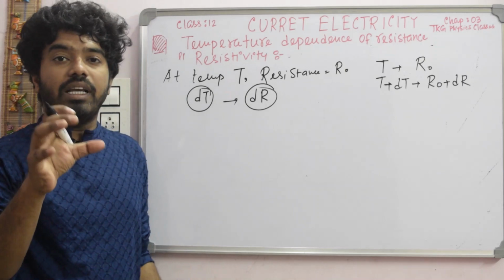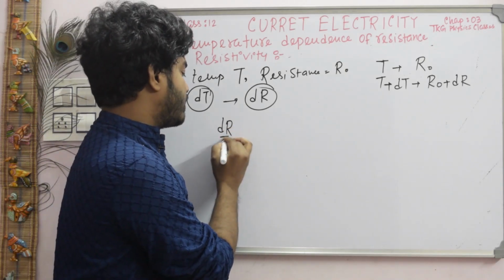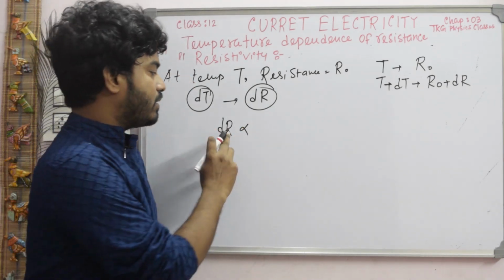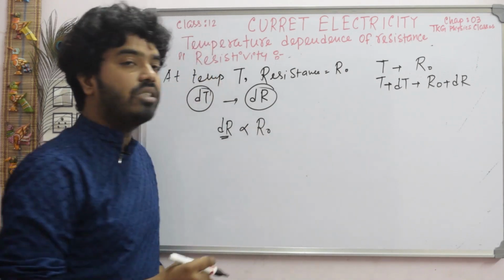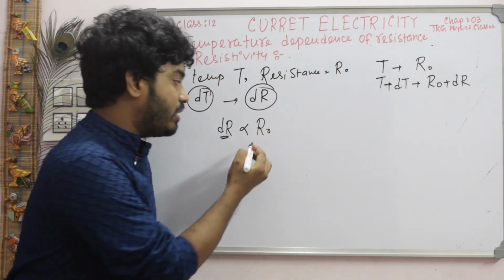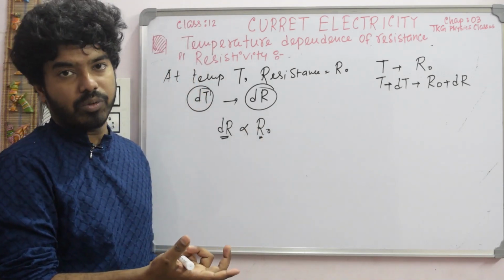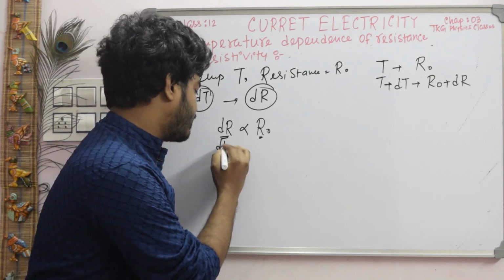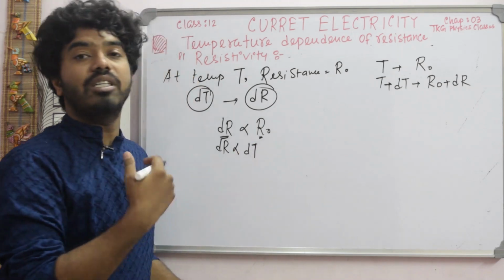Now this increase in resistance, del R, depends upon two factors. First, it is directly proportional to the initial resistance. When the initial resistance is more, the increase in resistance is more. Second, it is directly proportional to the change in temperature.